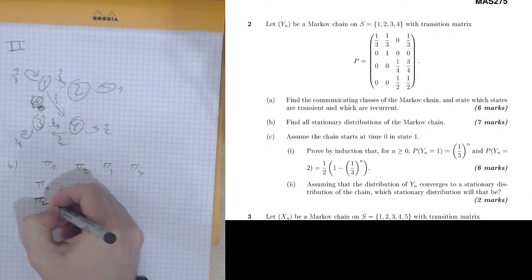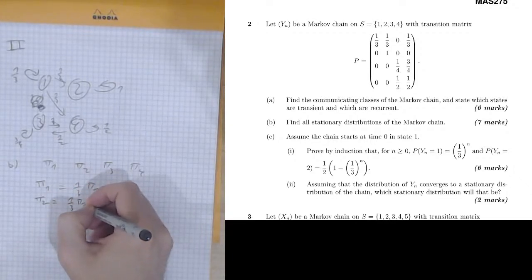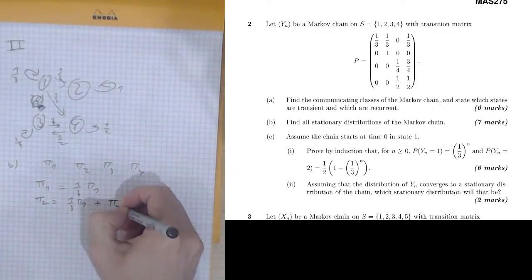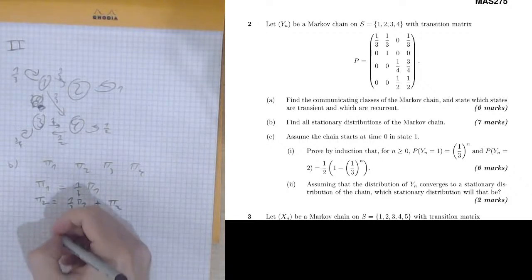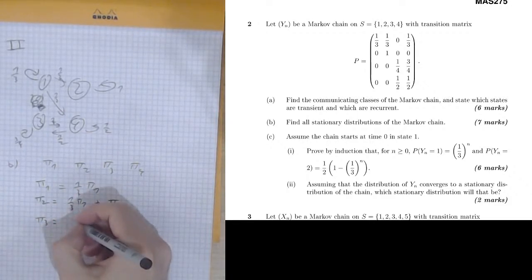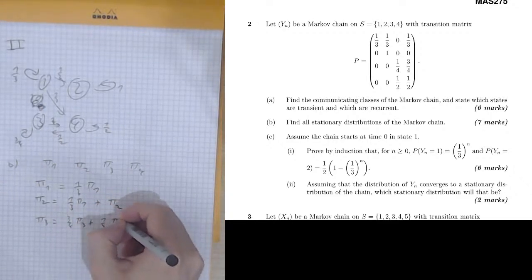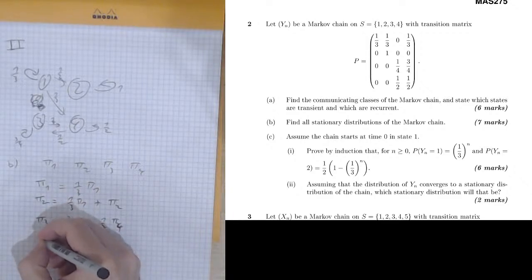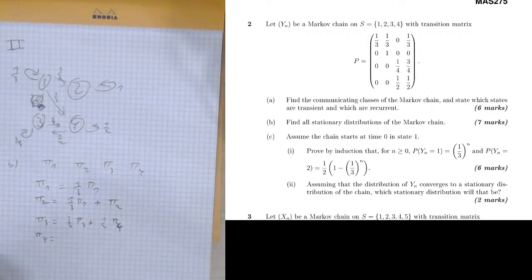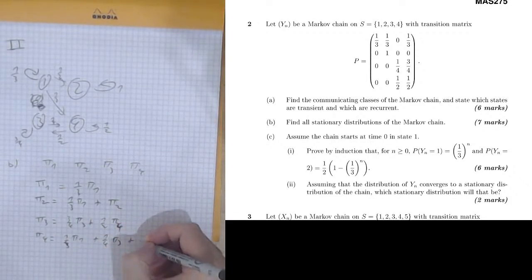Similarly, pi2 is 1/3 of pi1, plus pi2: either I was at 1 and moved to 2, or I was at 2 and then I was stuck. Then pi3 is going to be 3/4 of pi3 plus 1/2 of pi4, and then pi4 is going to be 1/3 of pi1 plus 1/4 of pi3 plus 1/2 of pi4.